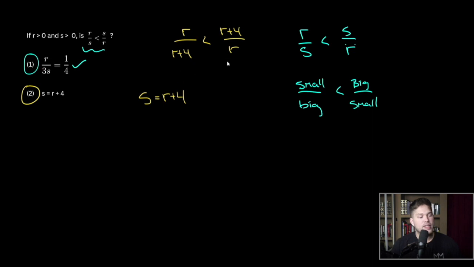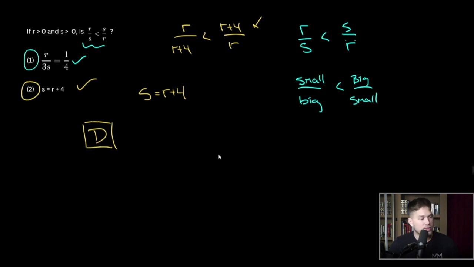And again, we can see that we have a bigger value on top. Therefore, statement 2 is also sufficient. Therefore, our answer is going to be answer choice D. Both statements 1 and 2 independently give us sufficient information to answer this question.